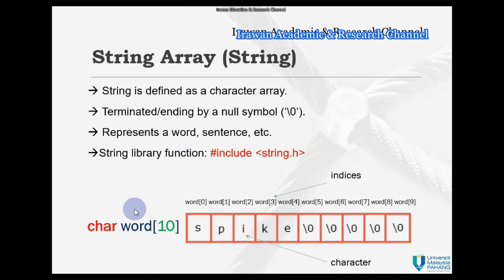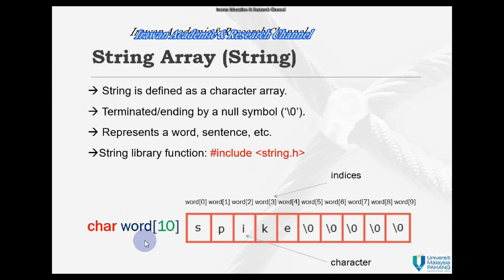Okay, so let's say we have a character array with a size of 10. You define the variable for the string, as you can see here. Let's say we put the word spike. Spike will take 5 character allocations, which is 5 indices. The other 5 indices will remain as a \0 or null symbol, as you can see here.